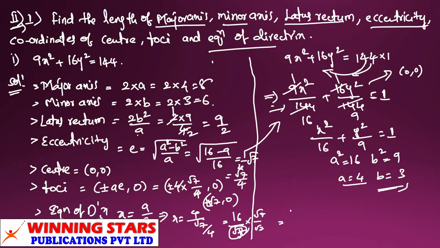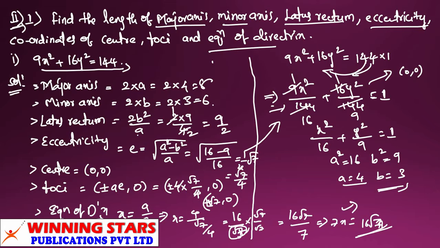So it will become 16 root 7 divided by 7, that is 7x is equal to 16 root 7. So this is the answer to the first question.